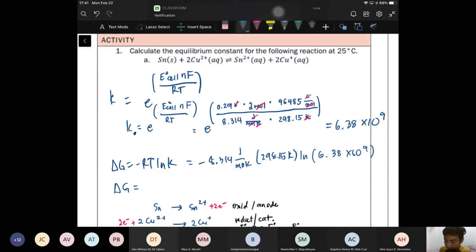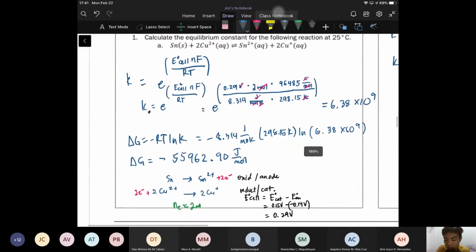So pag pinag-multiply natin lahat yan, that will give us negative 55962.90 joule per mole. Okay, so that will be the delta G value.